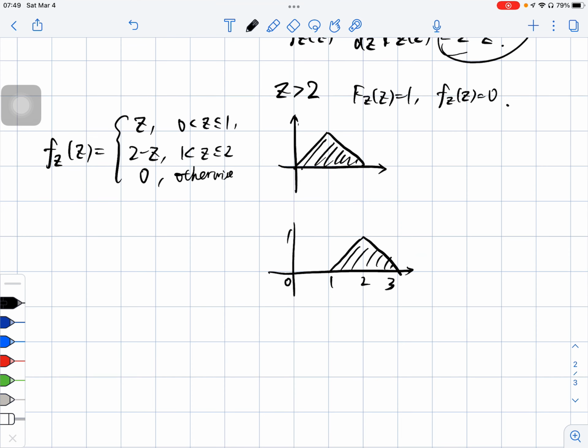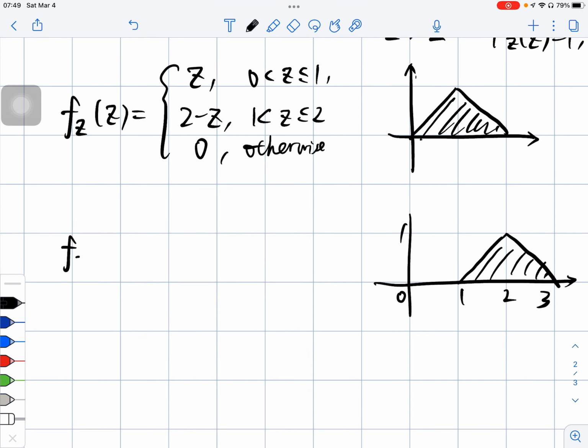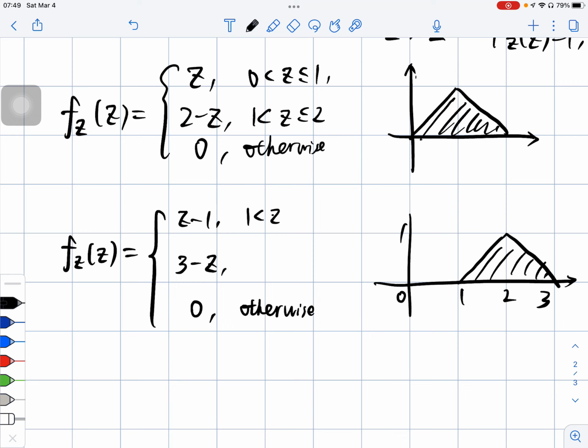That is, the answer is the same as the one we have introduced before. It is z minus 1 from 1 to 2, and 3 minus z from 2 to 3, 0 otherwise.